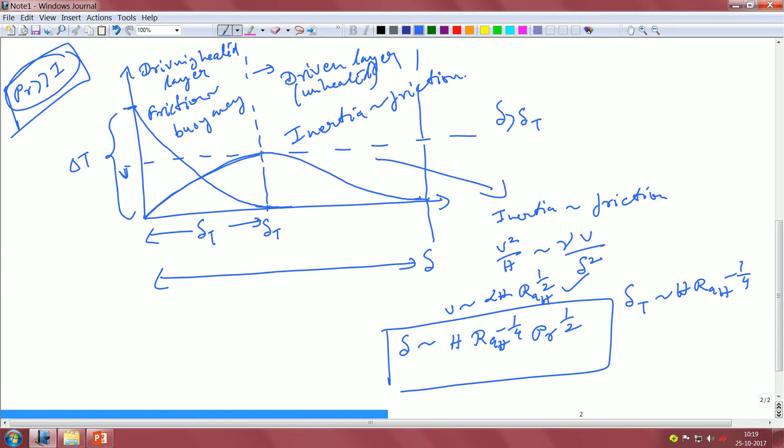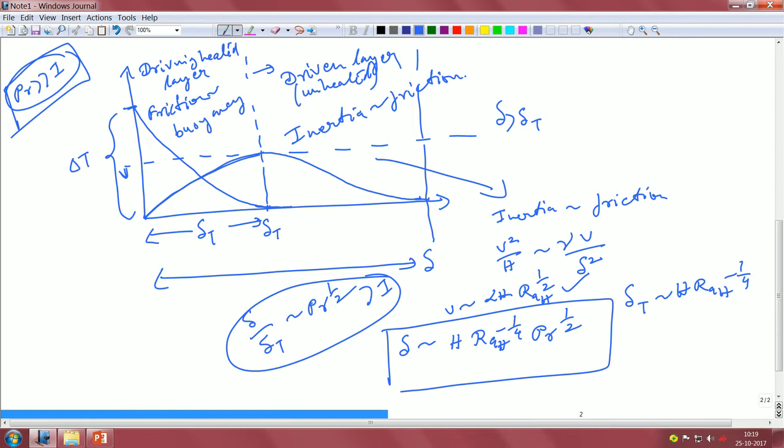Ideally speaking, delta by delta T is basically a Prandtl number to the power of half kind of a relationship, if you divide the two, and it is greater than 1. This is one of the important relationships that you should recognize here.